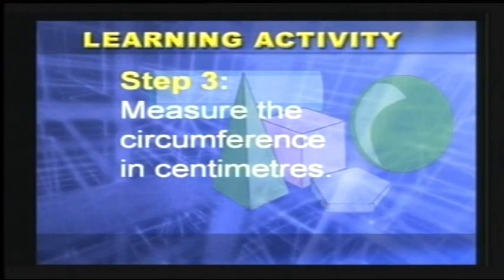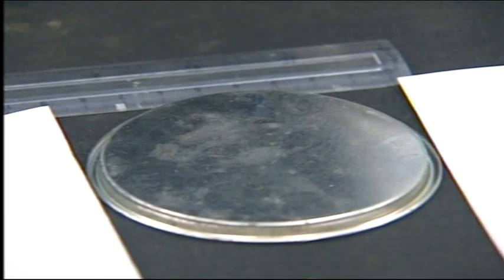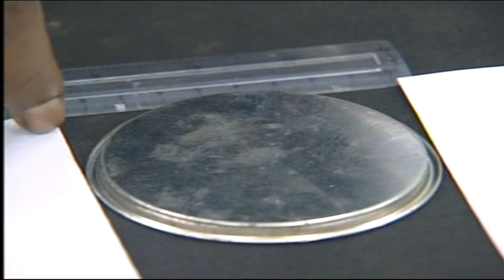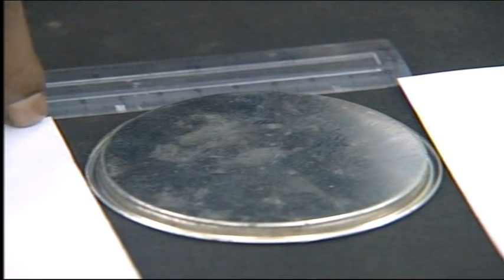What does it say? Measure the diameter in centimeters. So, what you are going to do, you look at what you have done and you start taking the reading. You start from 0 and look up towards where the last paper's edge is pointing. For example, mine is pointing to 9 centimeters. You check yours.